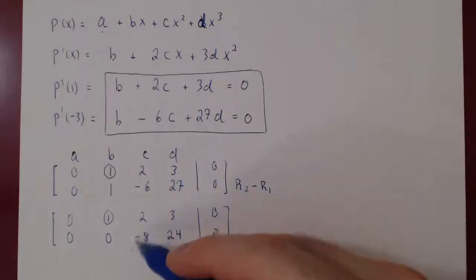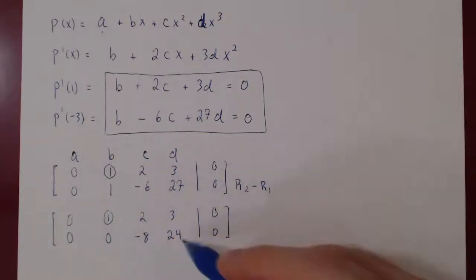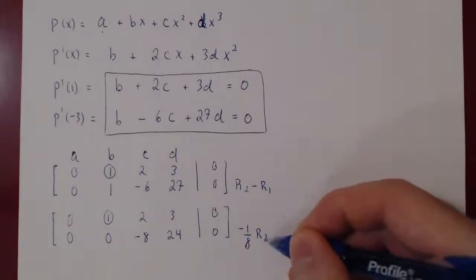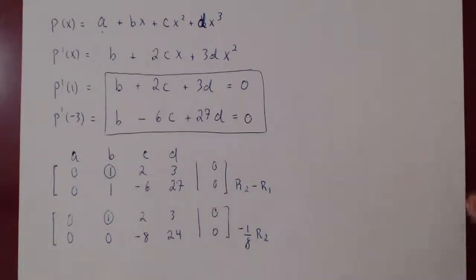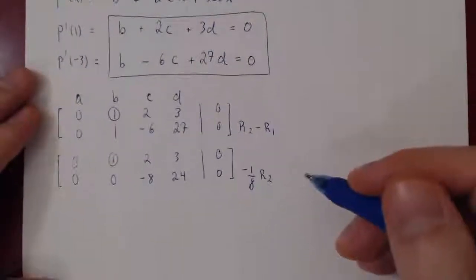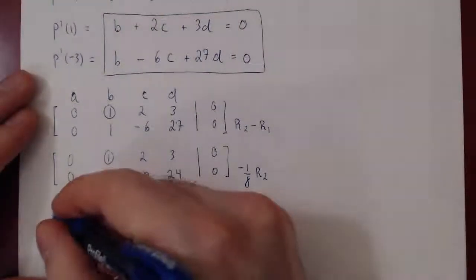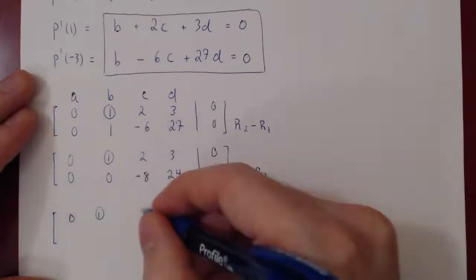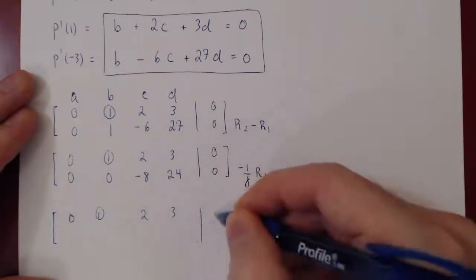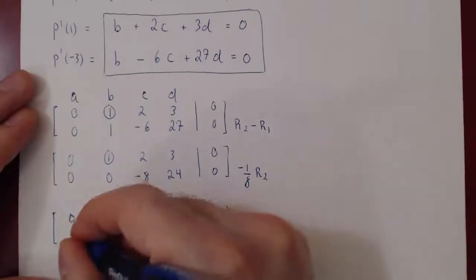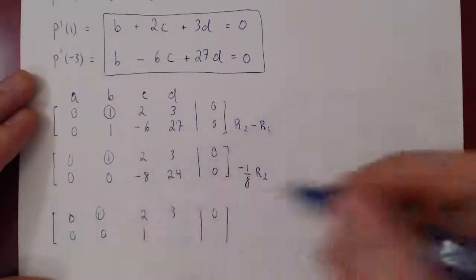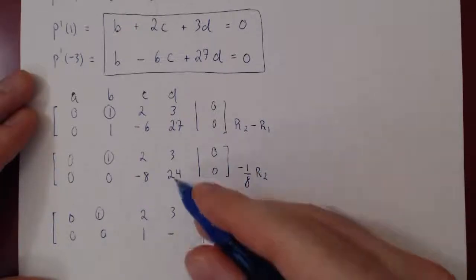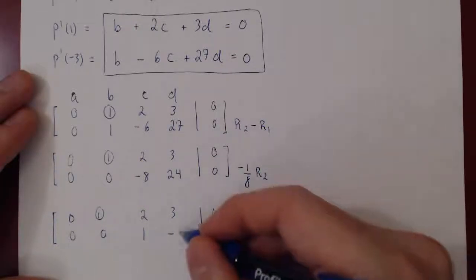We will now get our second leading 1 by multiplying row 2 by negative 1 over 8. As always, we copy row 1 as we're not changing it. So you'll get 0, 0, 1, negative 3, as 24, sorry, is 3 times 8.